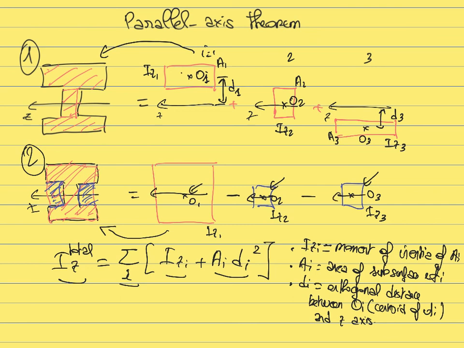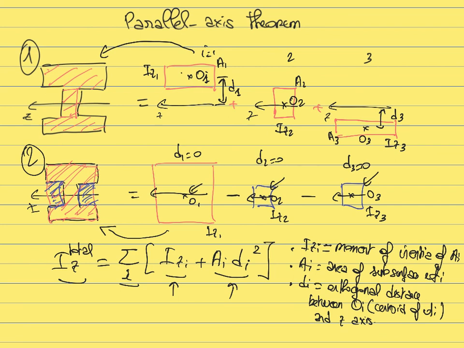So in this case, all those terms would be 0, because d1 equals 0, d2 equals 0, and d3 equals 0, because the centroid of those three rectangles is located on the z-axis. So all those terms would be 0. So all you would have to do is calculate the moment of inertia of each of those three rectangles.